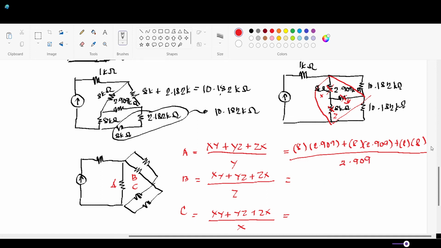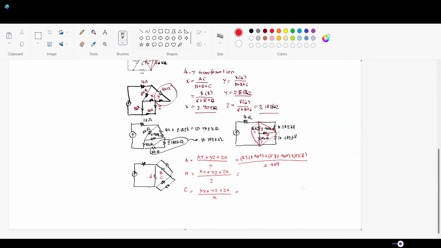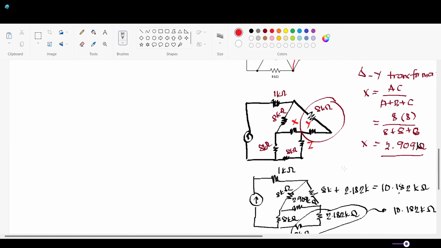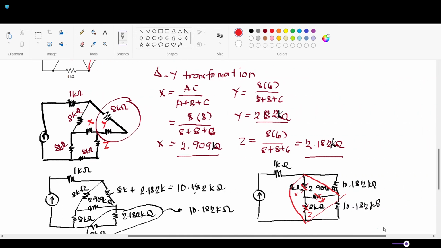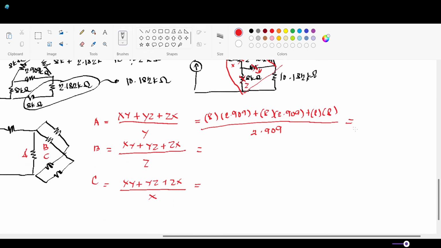And this is equal to what? Palakihin natin to. Okay, this is equal to, sabayan nyo ako mag-solve para nakaka-practice kayo. 38 ohms.